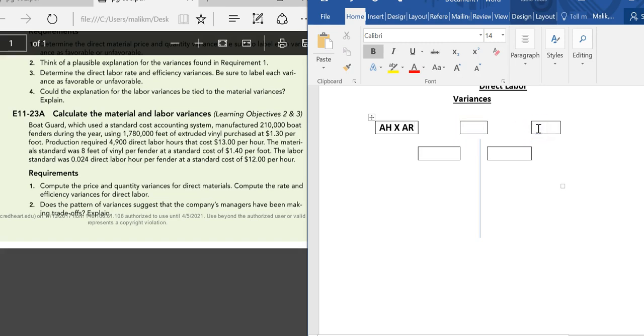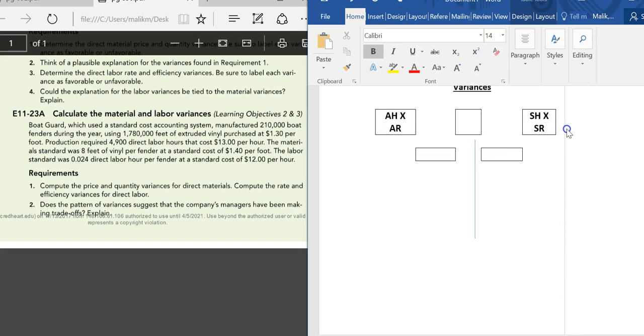Again, the last box will be all standard. I prefer to do the first and last first because two are kind of extreme. One is all actual and the other is all standard. So here we will use SH times SR, which means the standard hours times the standard rate.